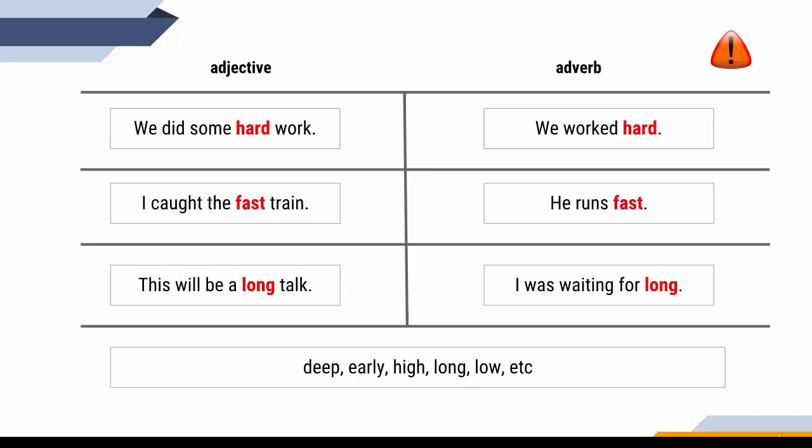More examples like this. Deep, early, high, low. All of these are the same as adjective and as adverb. Don't try to say longly, highly, or whatever comes to your mind. One and the same forms.